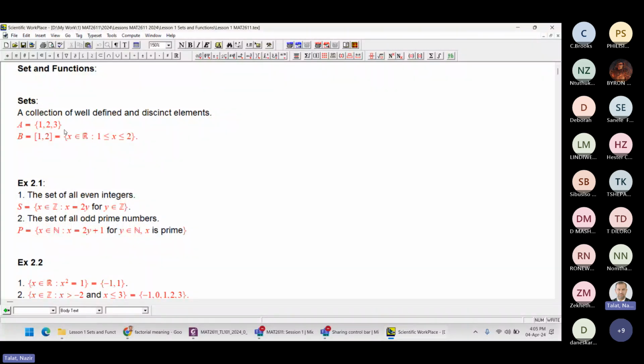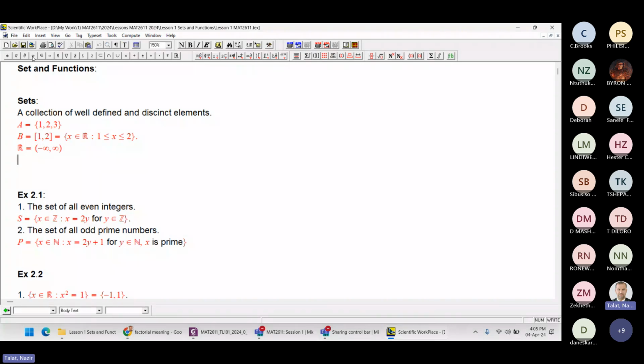For instance, R is an important set, which is the set of real numbers. It contains all those elements from minus infinity to plus infinity. So this is the set R. Also, R squared is a set which contains the collection of all two-tuple elements.